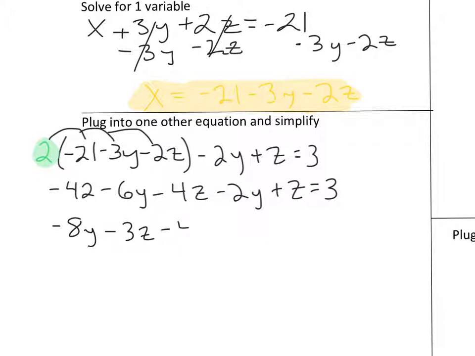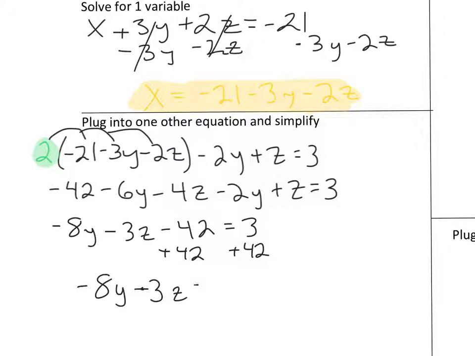And then I bring down my minus 42 is equal to 3. Now, I'm going to combine my 42 and my 3 by adding 42 to the other side. 42 plus 3 should give us about 45, right? So we got minus 8y minus 3z is equal to 45.